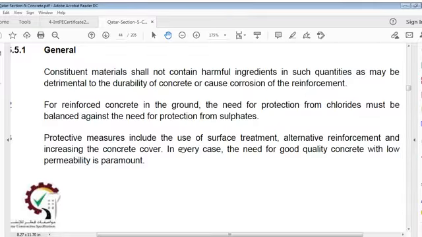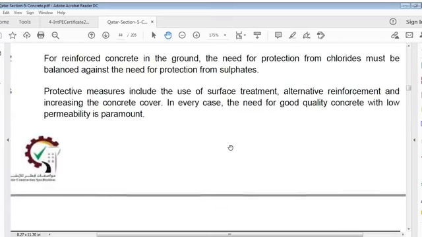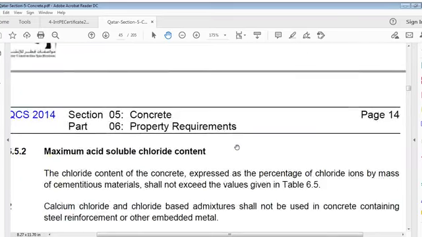Or alternative reinforcement and increasing concrete cover. Well, concrete cover should never be less than 50 to 60 mm in case of foundations. And in every case, need for good quality concrete with low permeability is paramount. Low permeability means high density concrete. Low permeability is very important.